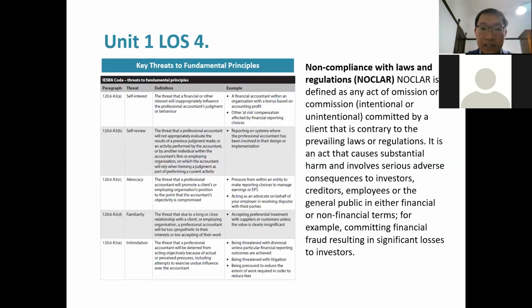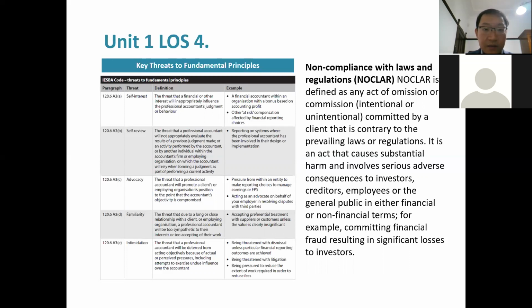The idea in this part of the CSG is to make sure that you are able to distinguish what these threats are and what some potential safeguards could be, in order to eliminate the possibility of these threats occurring, or to minimize this to a very low level of risk. These threats come directly from the IESBA code itself.